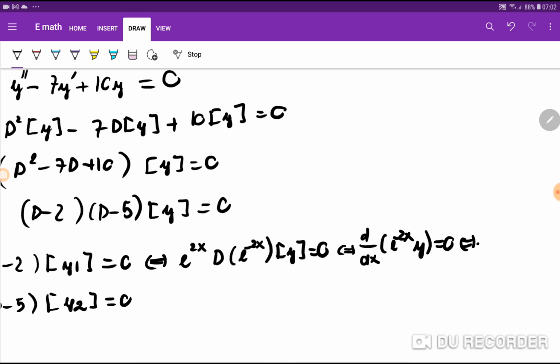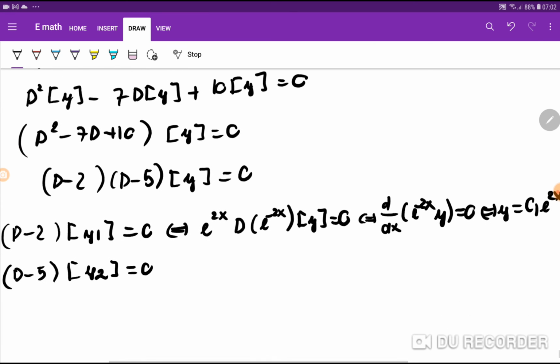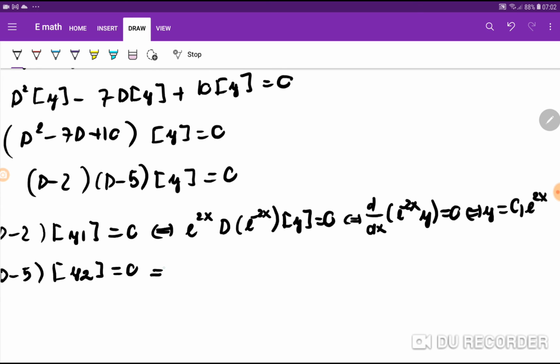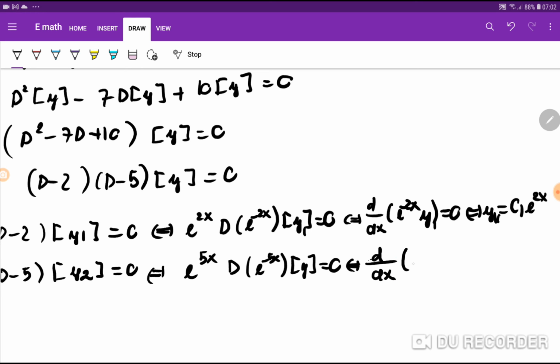So y equals C1 e to the power 2x. You agree? Similarly for y2, d of e to the power negative 5x y equals 0, so d/dx of e to the power negative 5x y equals 0, so y2 equals C2 e to the power 5x.